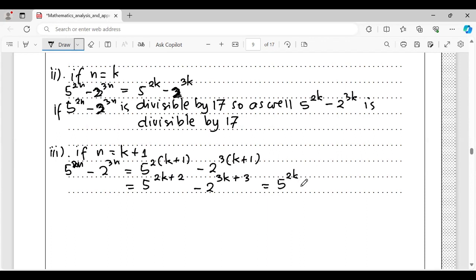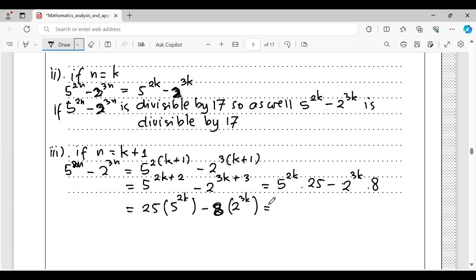So it becomes 5 power 2k times 25, because 5 squared, minus 2 power 3k times 8. So we can state like this, 25 times 5 power 2k minus 8 times 2 power 3k.